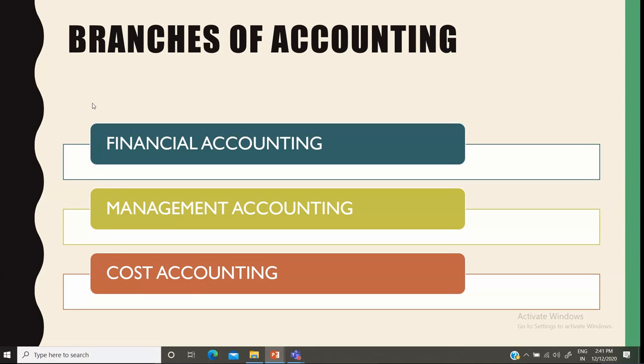So here you will be preparing the trading account and the profit and loss account. Both you are preparing to know the net effect, the net profit or loss. And then the balance sheet. Why are you preparing the balance sheet? Your ultimate aim is to know the assets and liabilities on a particular date.